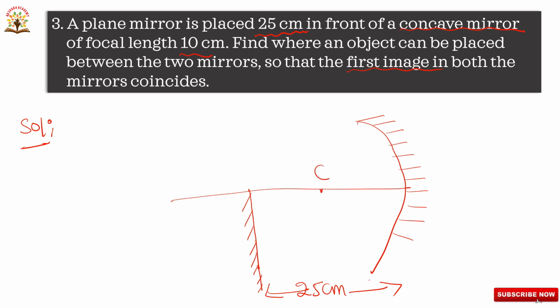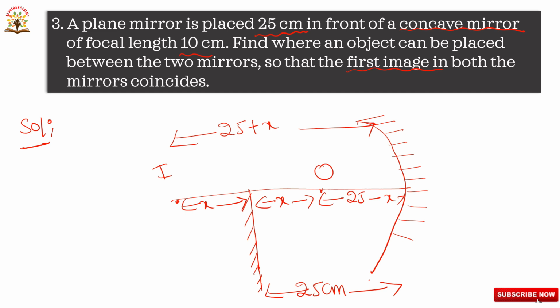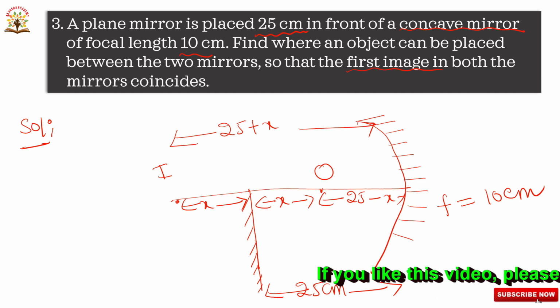Here we are placing the object, and from here to here is x, and from here to here is 25 minus x, and here is the image place, and from here to here also we assume it is x. Total distance from here to here is 25 plus x. Now here they given f is equal to 10 centimeter.